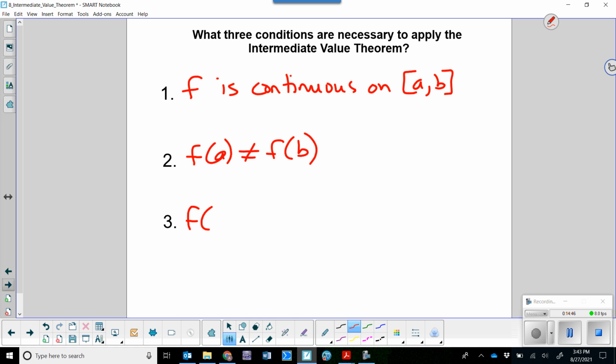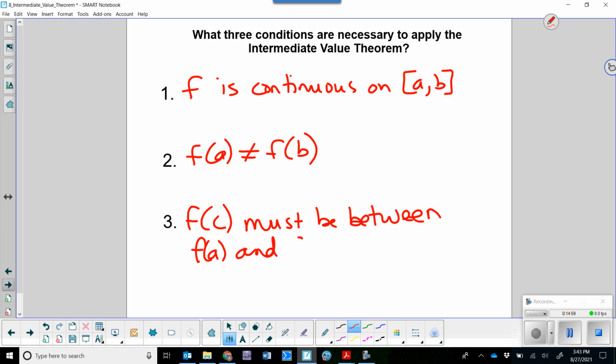And f of c, the thing we're looking for, must be between f of a and f of b. Okay, so the y value has to include that f of c we're looking for, okay?